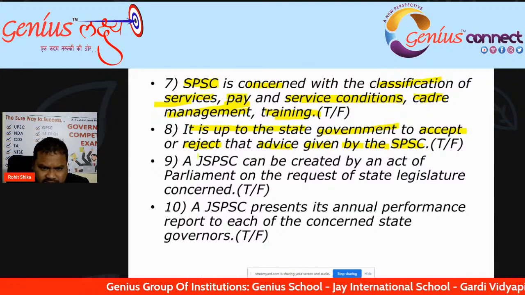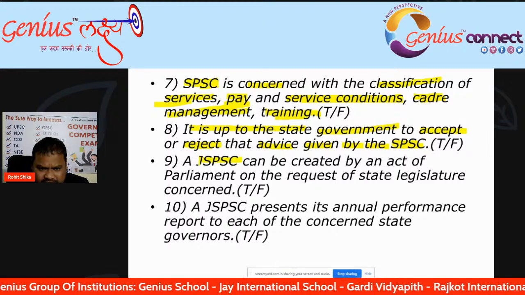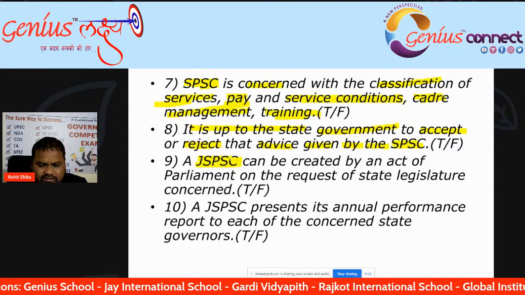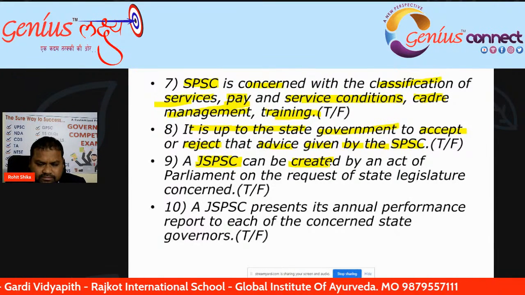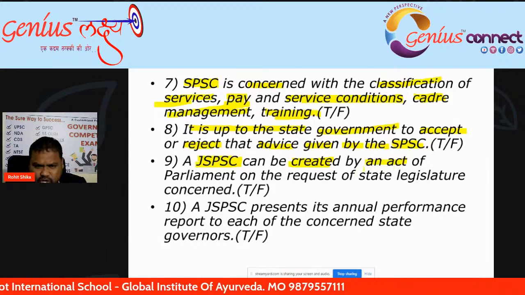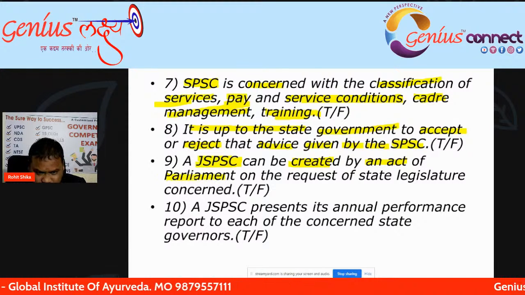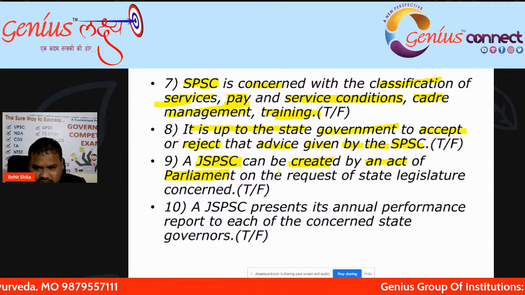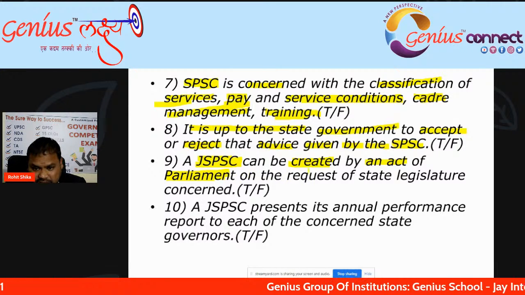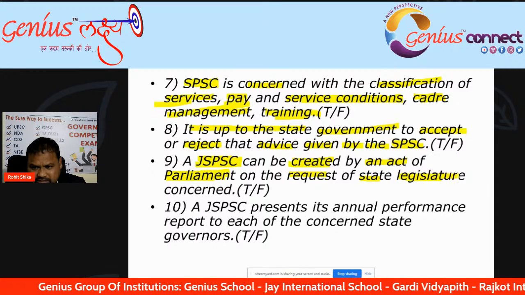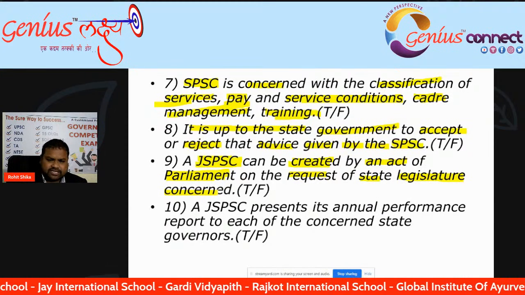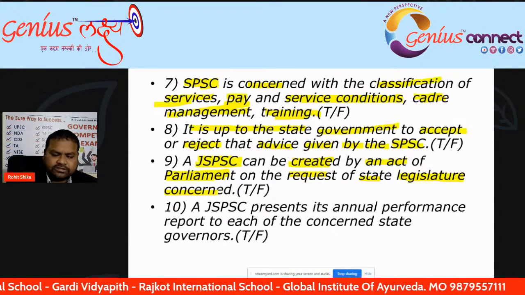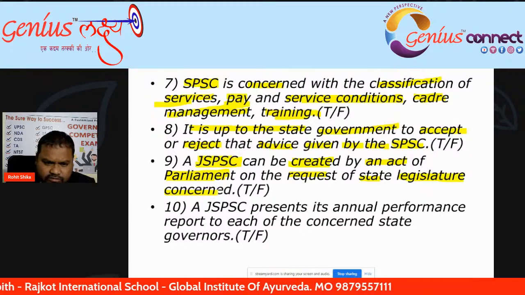Then a joint State Public Service Commission can be created by an act of parliament on the request of the concerned state legislature. Right statement or wrong?